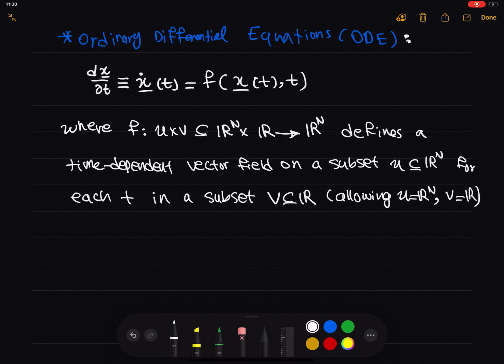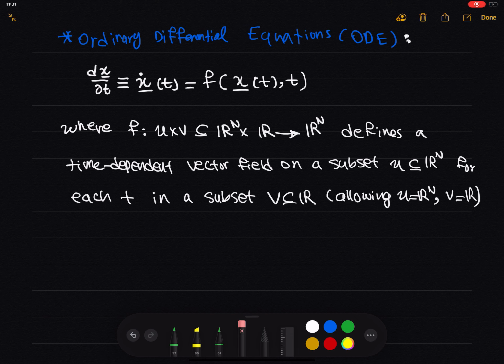So this will prepare us for some of the methods that we are going to talk about for partial differential equations. So this is a simple definition of ordinary differential equation, and we can take the integral of this.